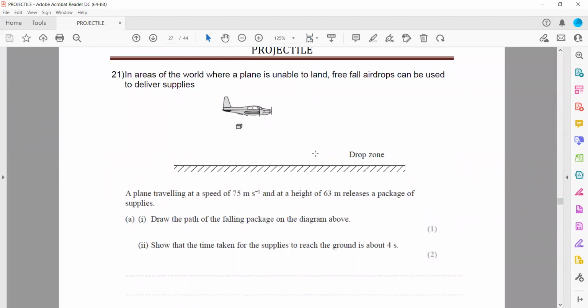In areas of the world where planes are unable to land freely, free fall airdrops can be used. When the aircraft is moving at a speed, when it drops the package, the package will also move, because first the package is inside the aircraft, so the speed at which the package is moving will be the same as the speed at which the aircraft moves initially when it is dropped.